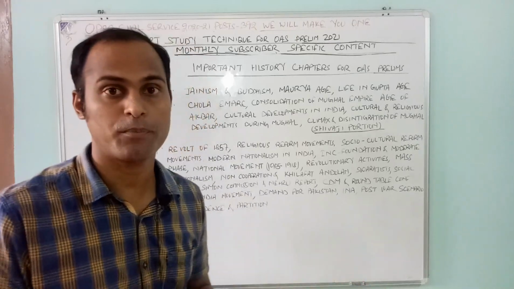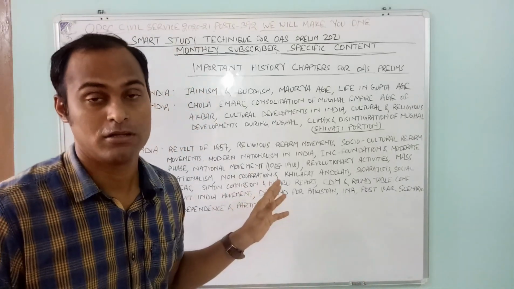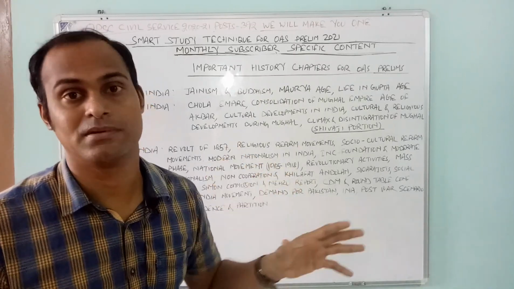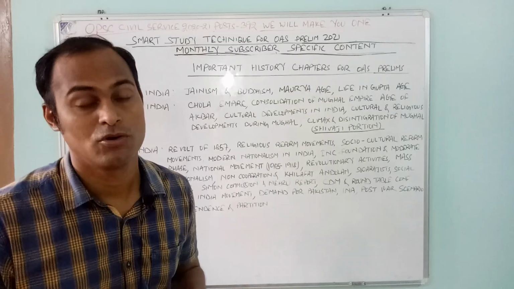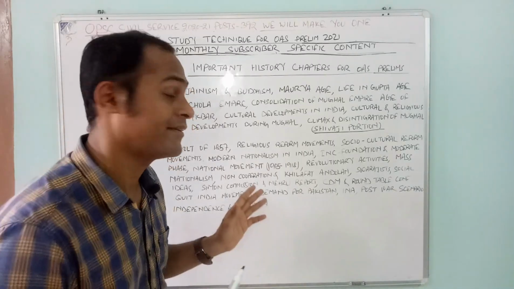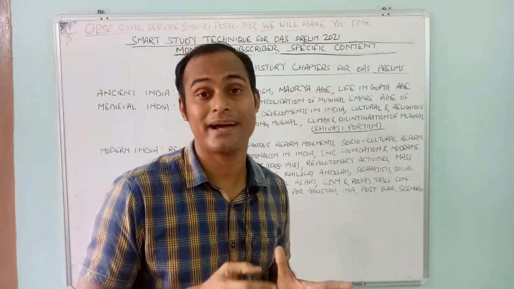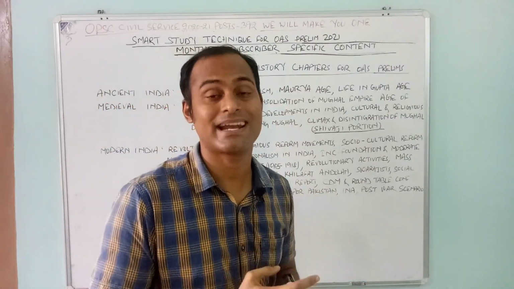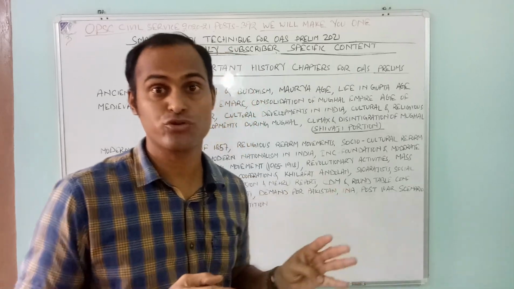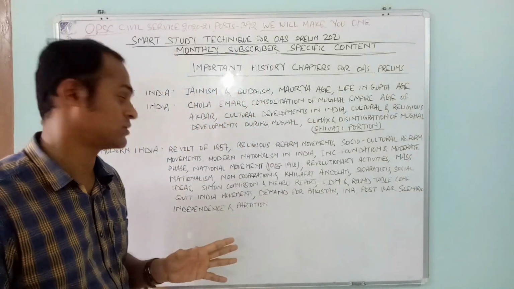So this is what you are supposed to be thorough with, the moderates and the extremists. Who were the moderates, who were the extremists, and the write-ups by extremists and by moderates. You need to be thorough about the newspaper publications and any of those.